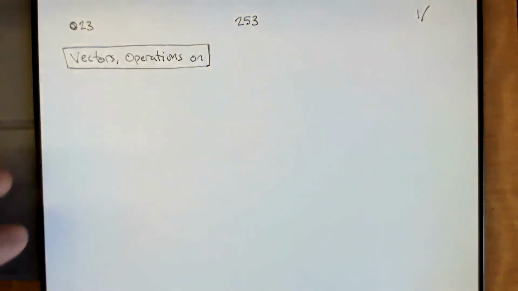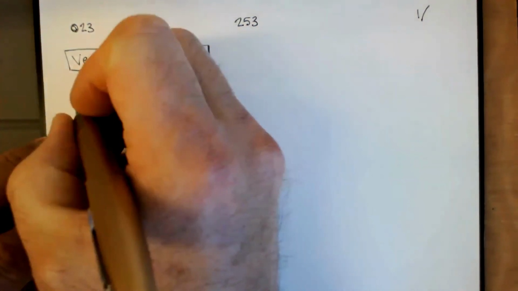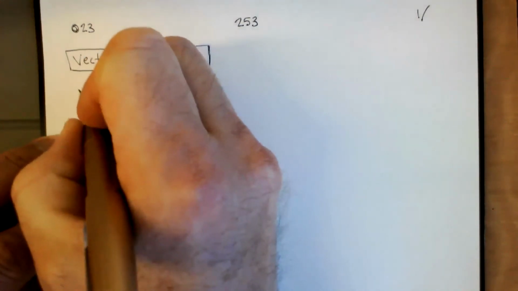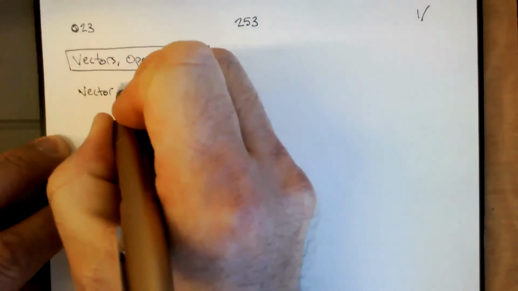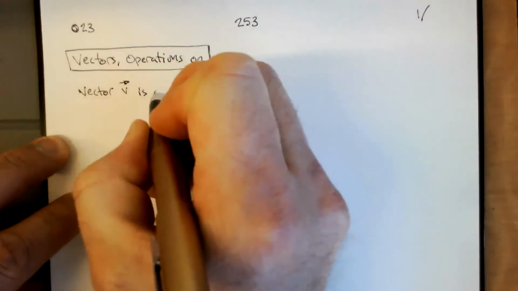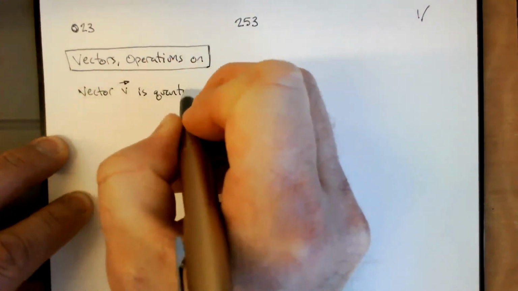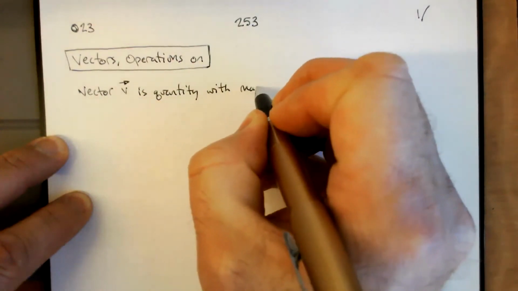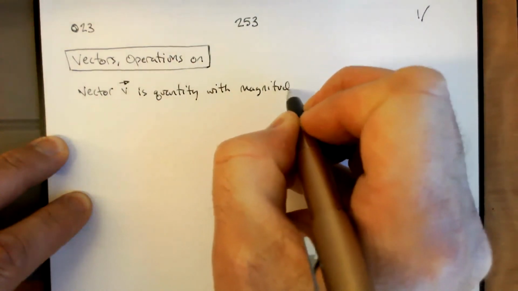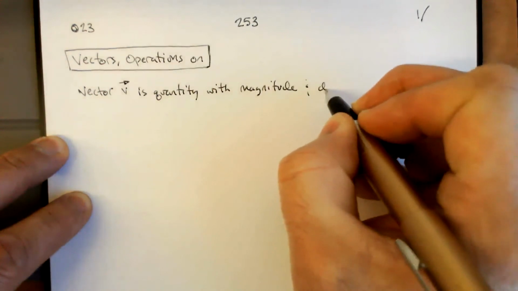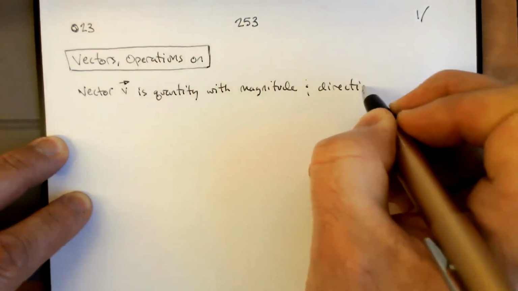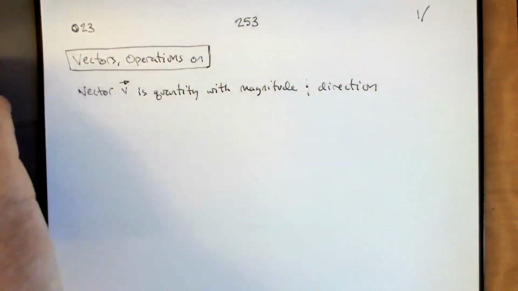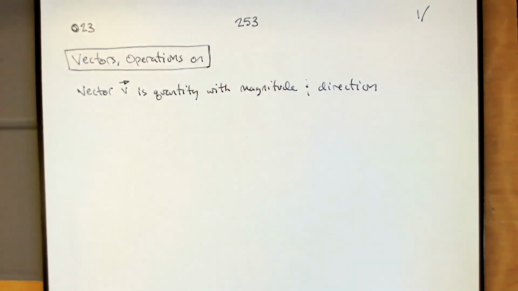Recall that a vector is a quantity with magnitude and direction. A vector is a quantity with magnitude and direction.